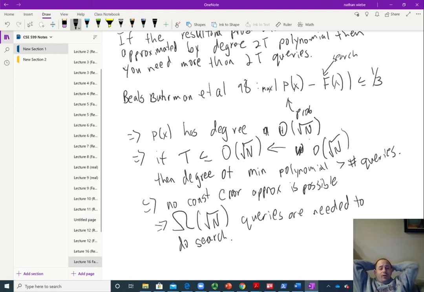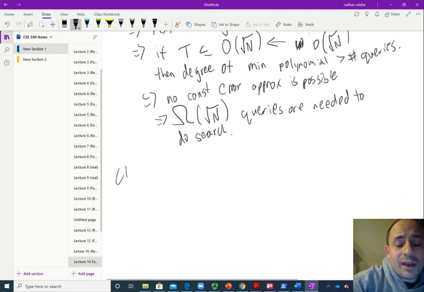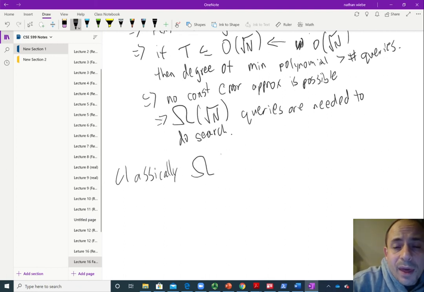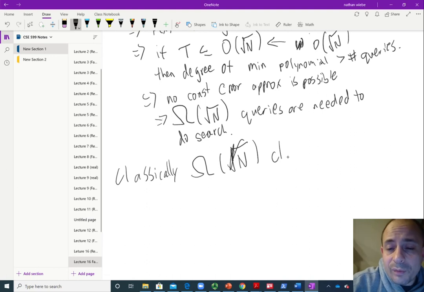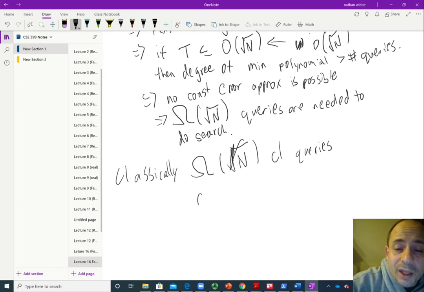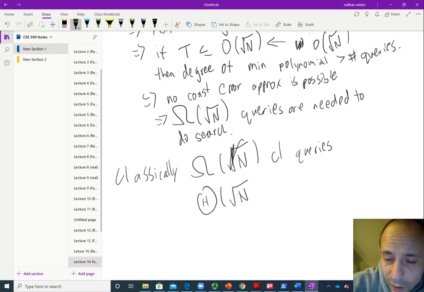But we are capable of using this to prove lower bounds on the number of quantum oracle queries needed. And so this implies that since classically, as we saw earlier, we need omega n classical queries, quantumly, this shows that theta square root n is possible.